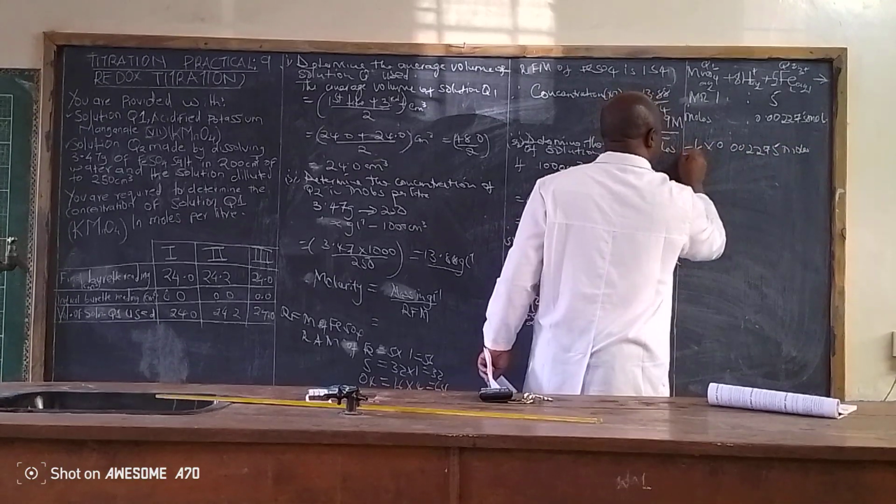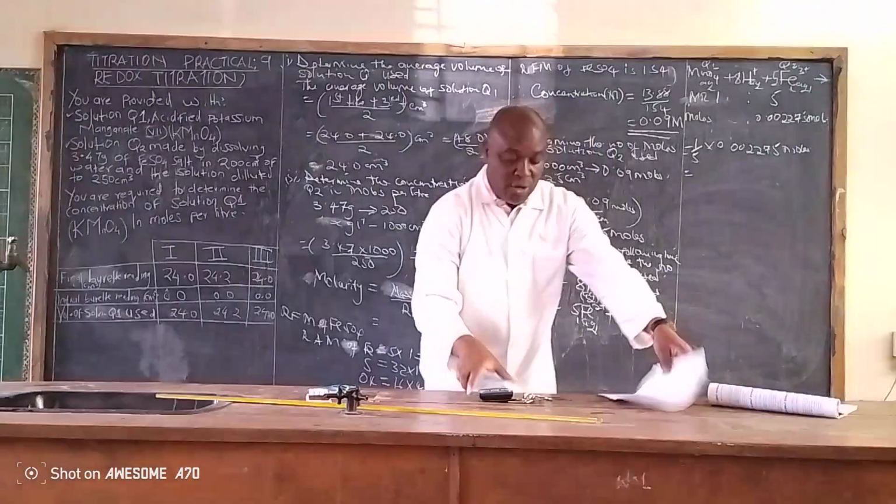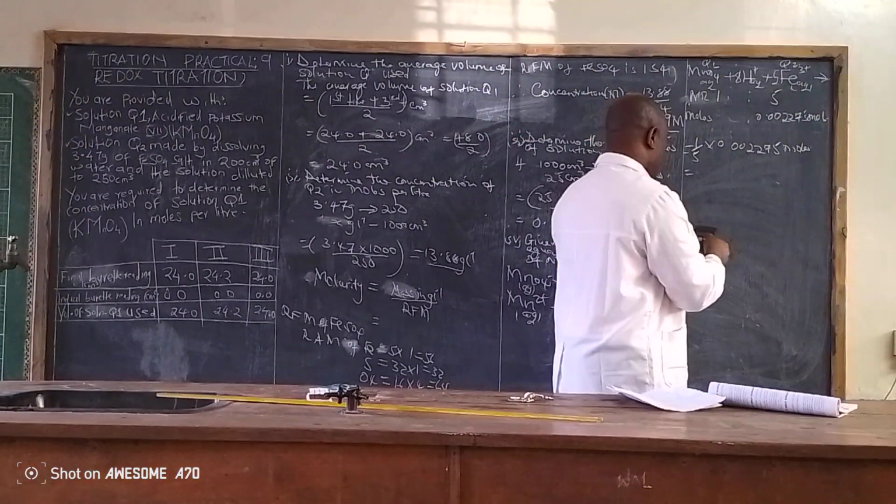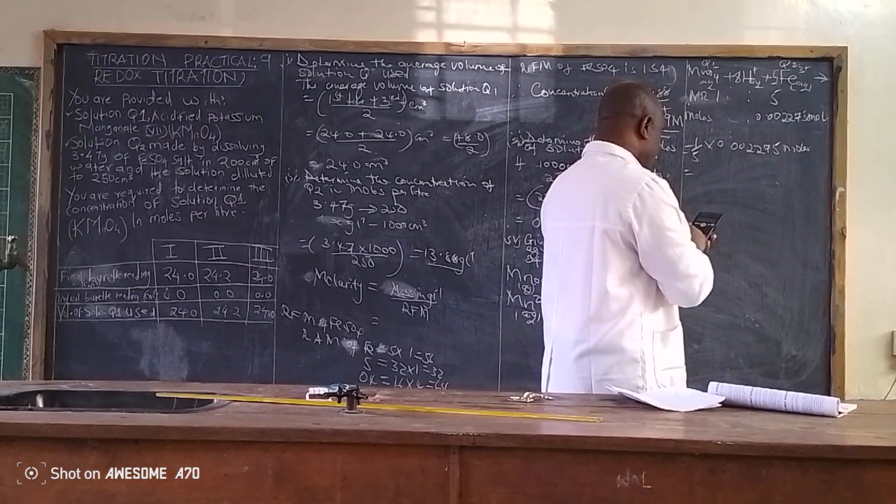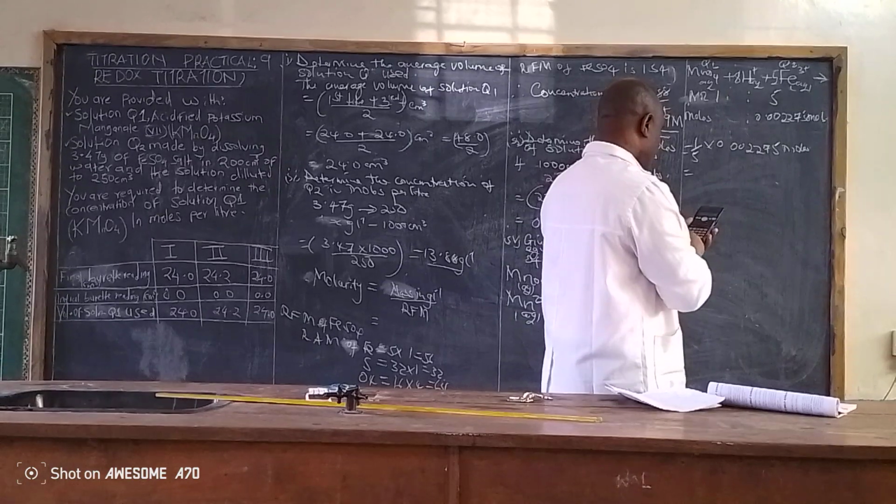If we do the mathematics properly, we get 1 times 0.00275 over 5.